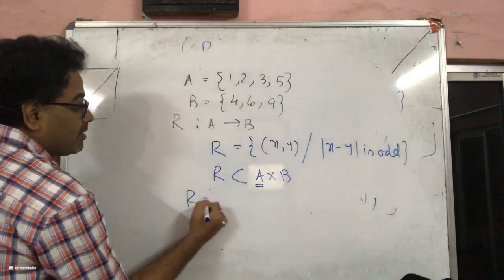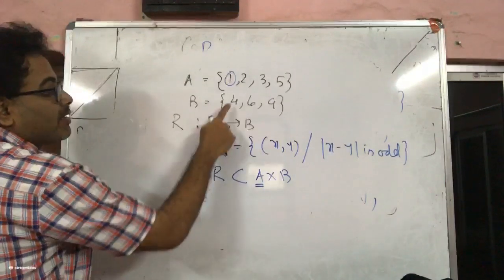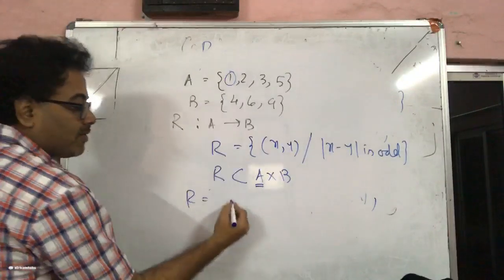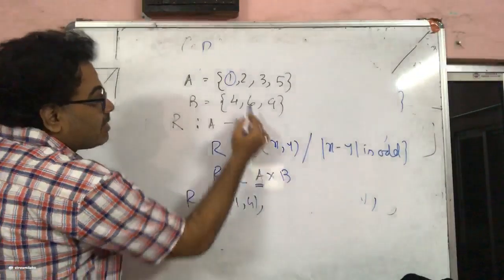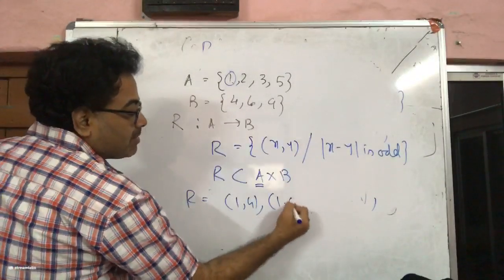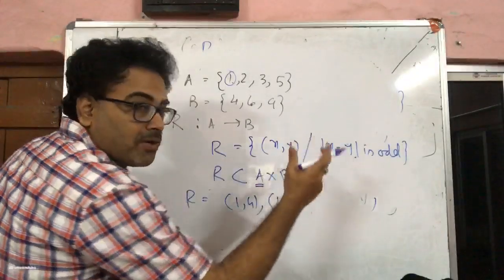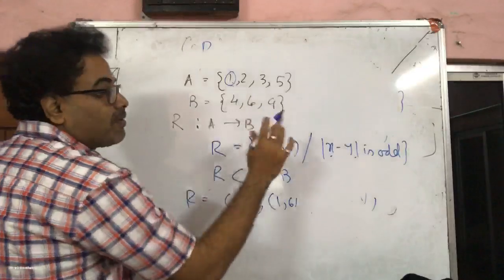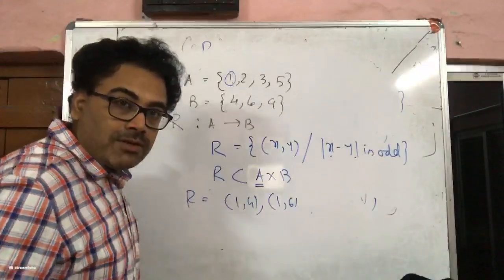Let's start. X is taken from here, y is taken from here. So 1, 4. The difference of 1 and 4 is odd, so 1, 4 is the first. 1, 6. The difference of 1 and 6 is odd. X minus y should be odd. Okay. Now 1, 9. Not possible. 1 minus 9 is not odd.